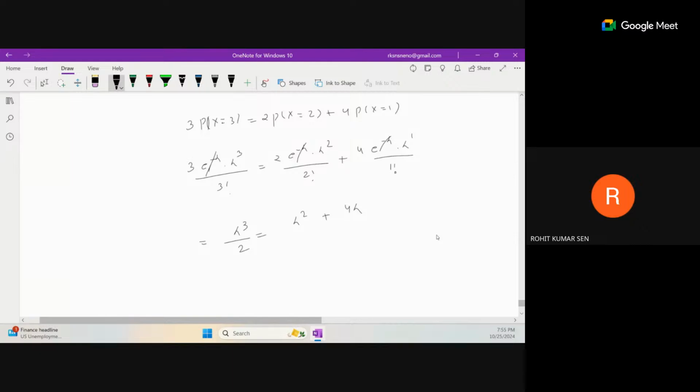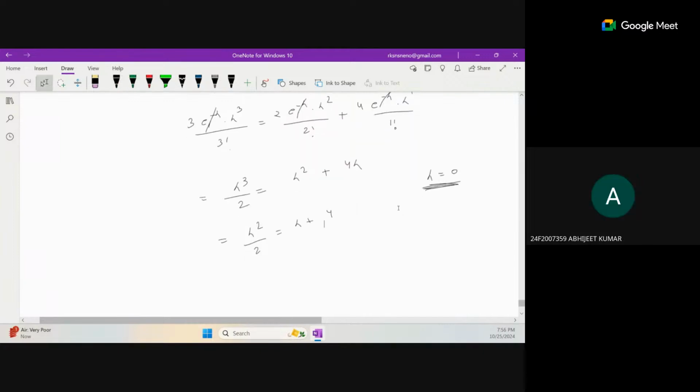Yes, sir. Again we can cancel lambda. One value is lambda equal to 0. If you take lambda common and solve it, you will get lambda equal to 0, so I'm just cancelling it. So lambda square is equal to 2 lambda plus 8.